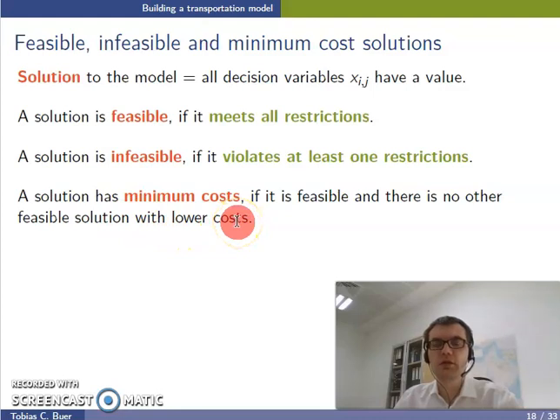So we are looking for a feasible solution that at the same time has the smallest cost possible. If we are not able to find another solution that has lower cost than our solution, then we have identified the minimum cost solution.